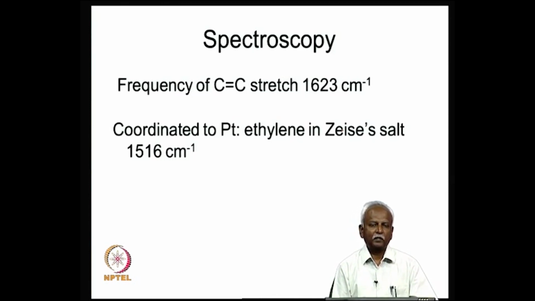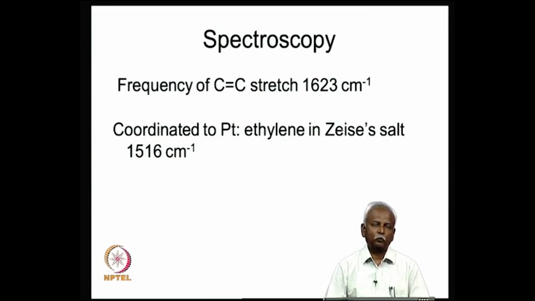Similarly, the stretching frequency of the carbon-carbon double bond in ethylene itself is 1623 cm^-1. And when it is coordinated to platinum, as in Zeise's salt, it is reduced remarkably.